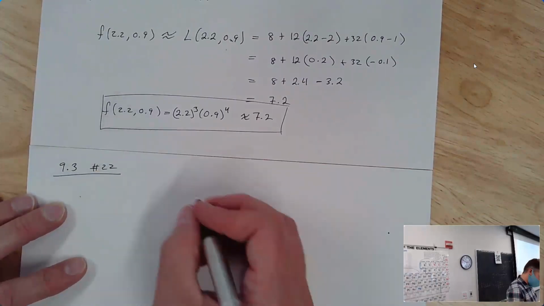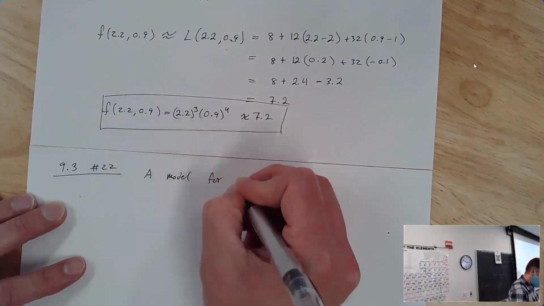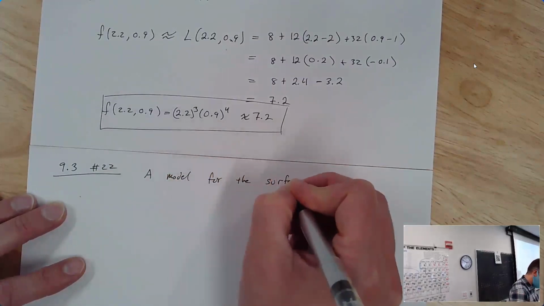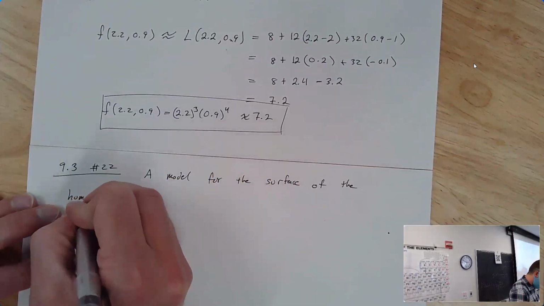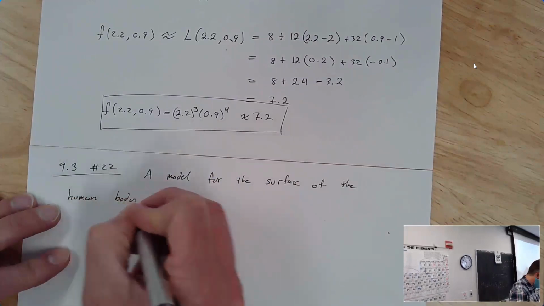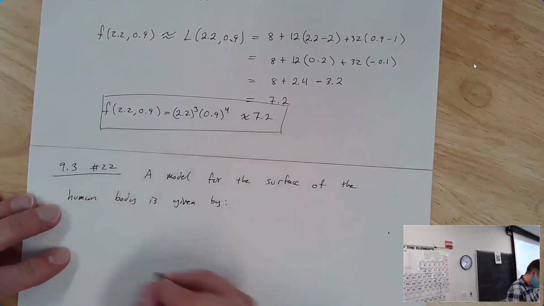Here's what we've got. A model for the surface area of the human body is given by the following.